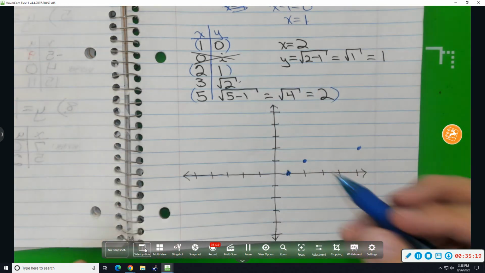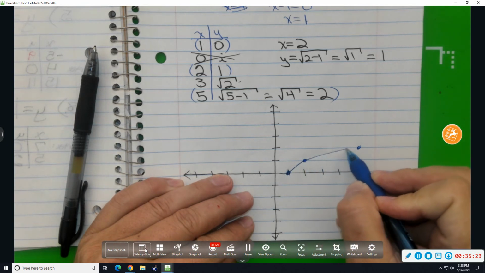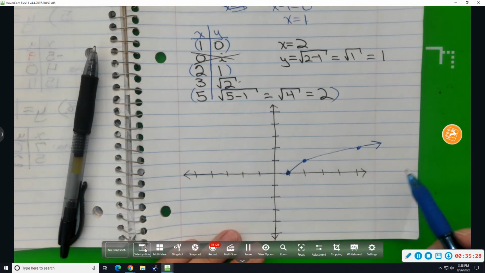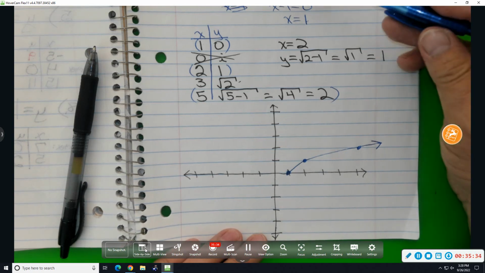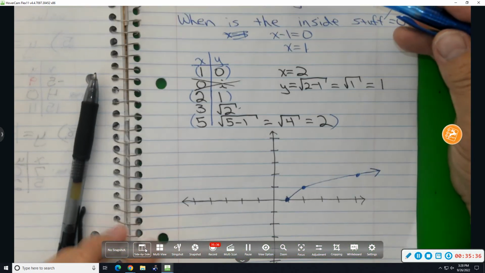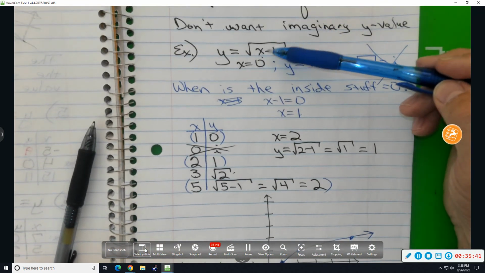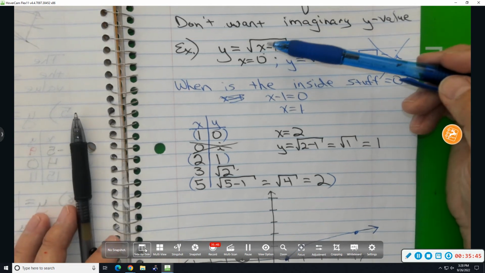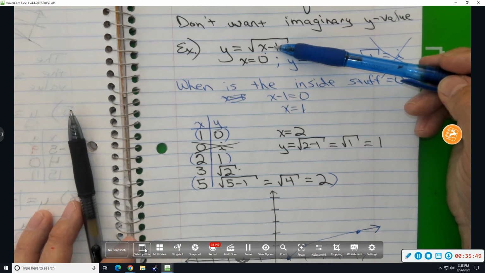1, 0, that's where we start the graph, and it goes slowly upward. It's increasing very slowly. So if we had an x value of 101, 101 minus 1 is 100, the square root of 100 is 10.